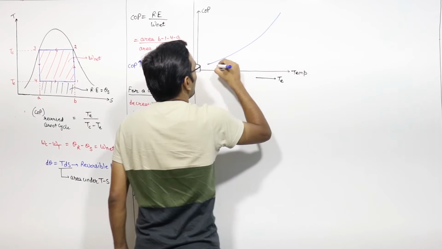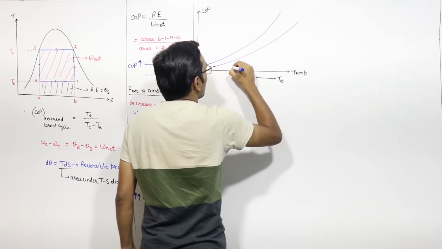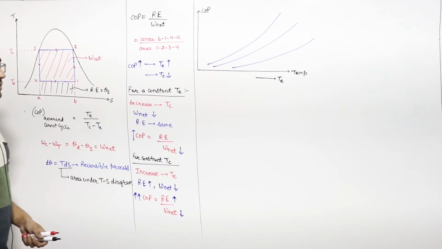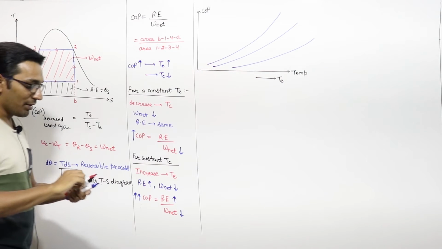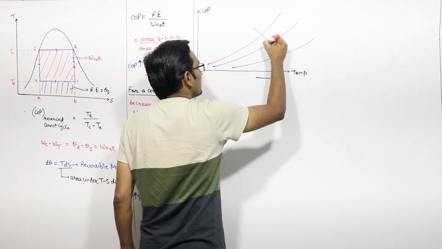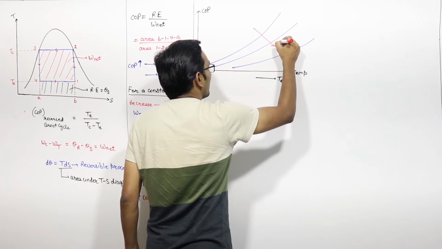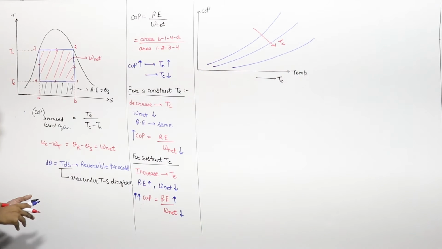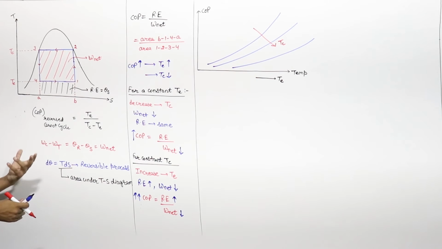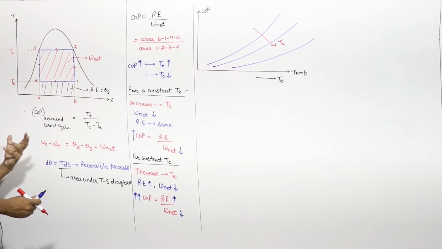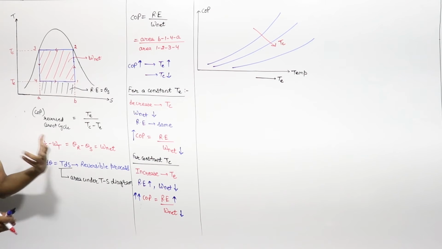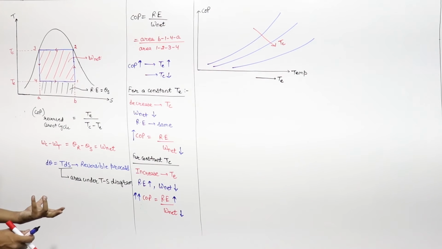So the lines will go like this, right? Lines will go like this for different condenser temperature. And we can say that in this direction condenser temperature is increased. If you increase the condenser temperature, then for a given evaporator temperature, the COP will decrease.